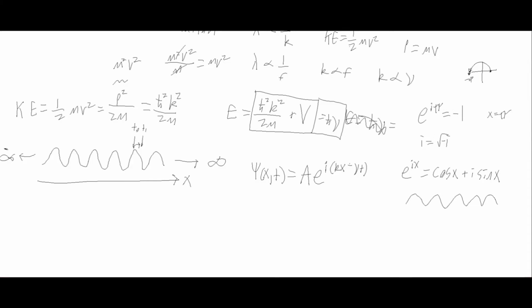And so that's where that comes from. If you had e to the i 2 pi, then it would come all the way back around, and you'd have +1. And so that's where that oscillating comes from.